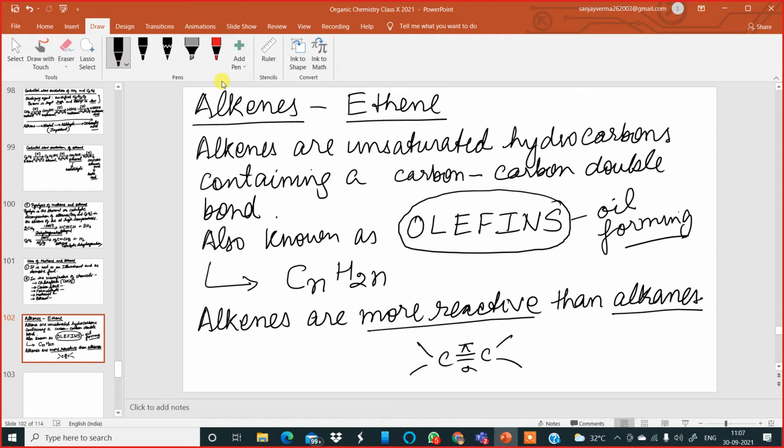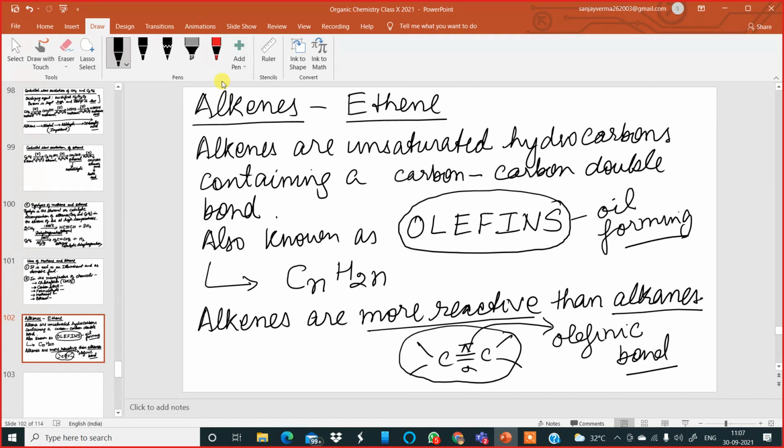Now, this carbon-carbon double bond in alkenes is called an olefinic bond. So this was the introduction to the alkene, that is ethene.